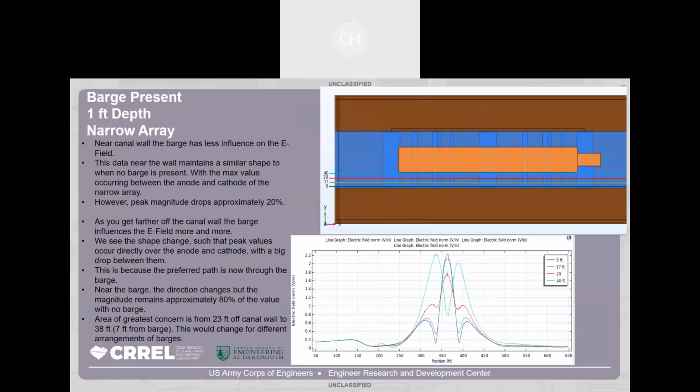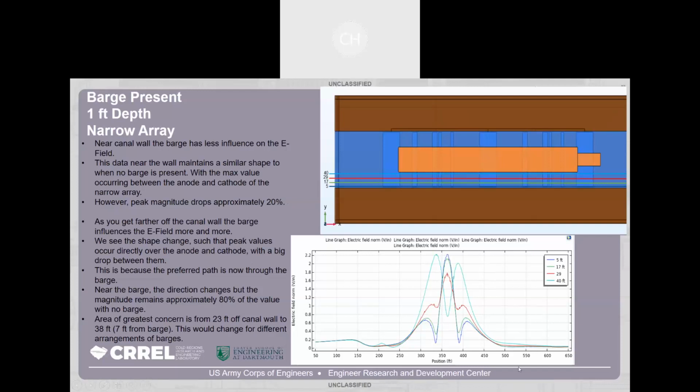So we did quite a bit of study into this, and you find that your area of most concern is about halfway between the edge of the barge and the canal.